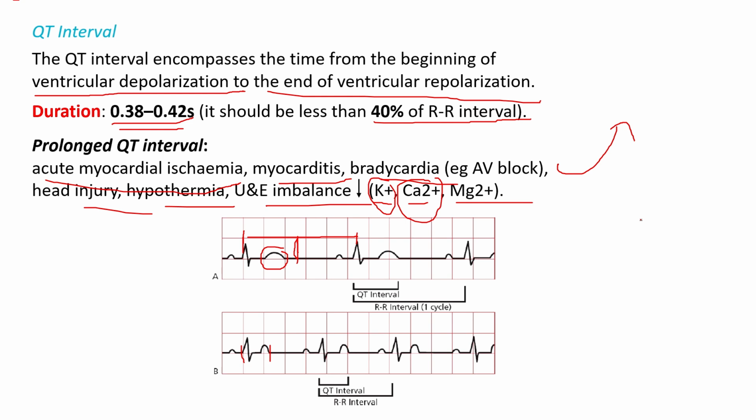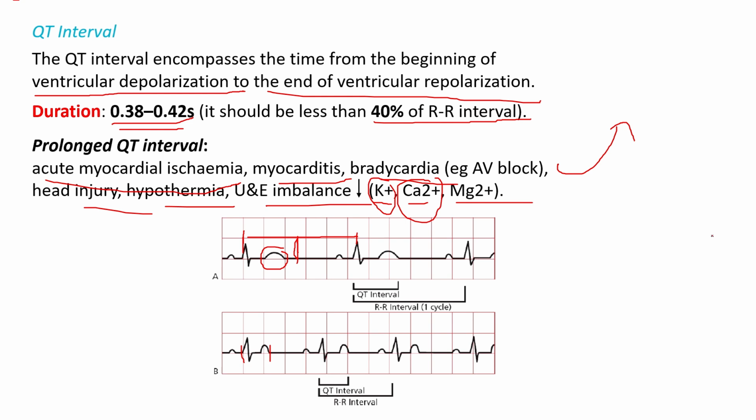And in case of calcium, if you have hypocalcemia, low calcium, it takes more time for the plateau phase to happen. So in both cases, one prolongs the depolarization, the other one prolongs repolarization. That's why in both of their cases, there will be a prolonged QT interval.